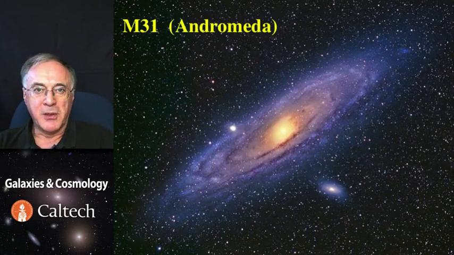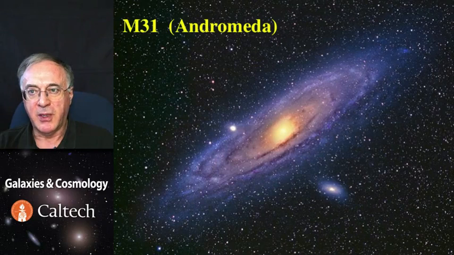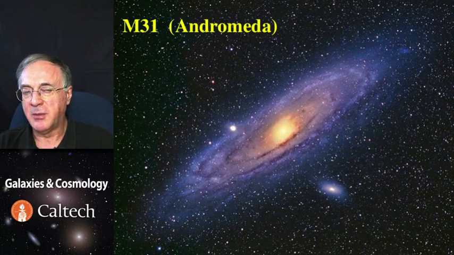Here is a typical spiral galaxy, our immediate neighbor, Andromeda Galaxy, or M31, which has two big companions, M32, a small elliptical, and NGC 205, which is a so-called dwarf elliptical, as well as a lot of even smaller companions, dwarf spheroidals. Now, in this picture, all of the little dots that you see are actually stars in our own galaxy.